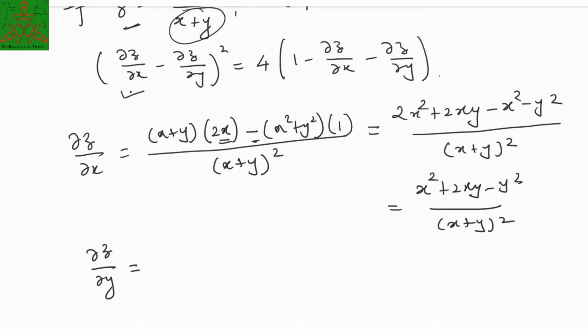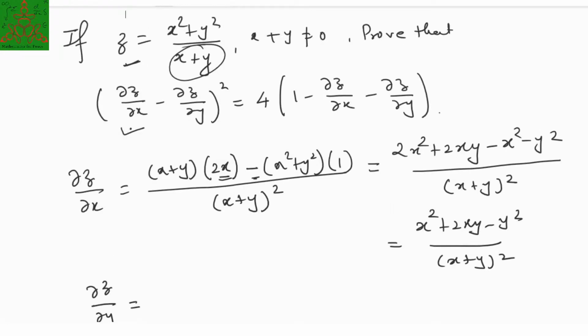Here also, you just observe that this function z is a symmetric function with respect to x and y. That means whatever the function f(x, y) is, it is the same as f(y, x). So if you replace x by y and y by x, the function will not be changed. So due to that, if you differentiate with respect to x or with respect to y, it will lead you to the same answer.